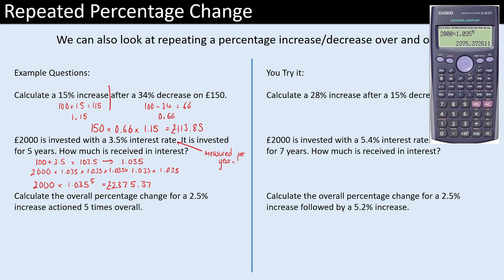Now, this bottom question is actually quite interesting. I'm asking this time for the overall percentage change, and we've not been told what the original amount is. And that's because we don't actually need it.